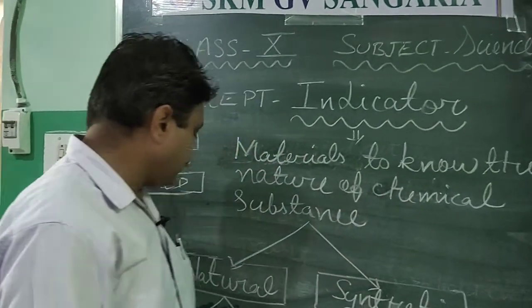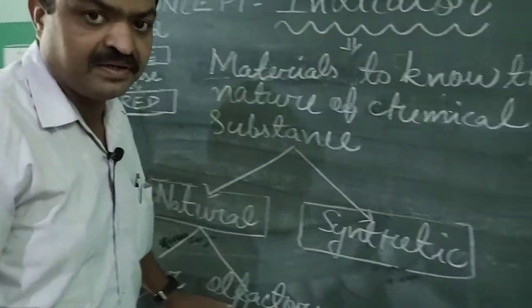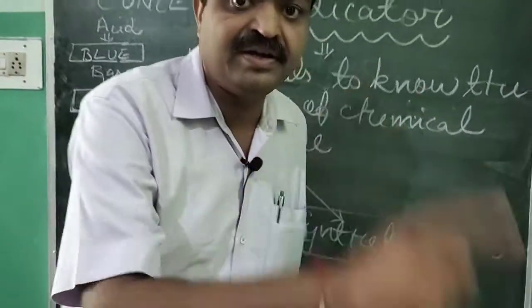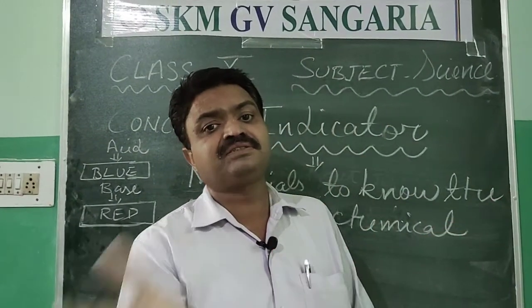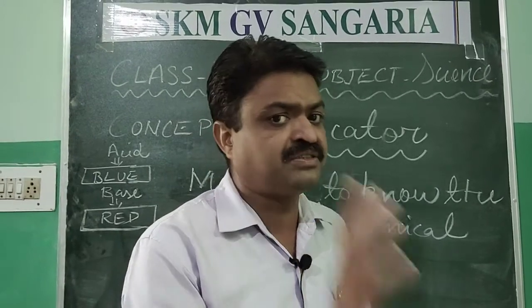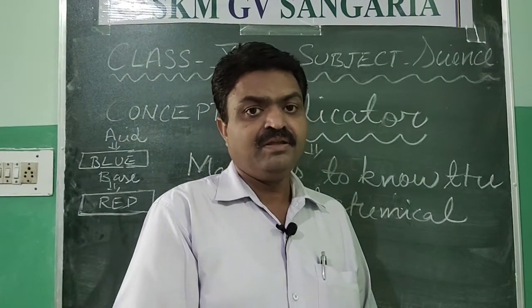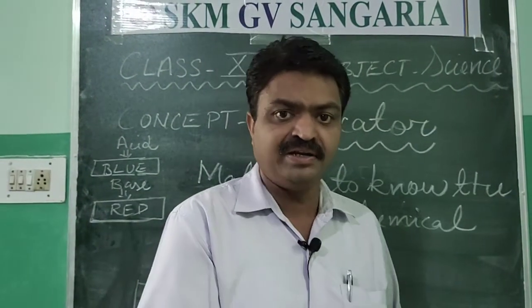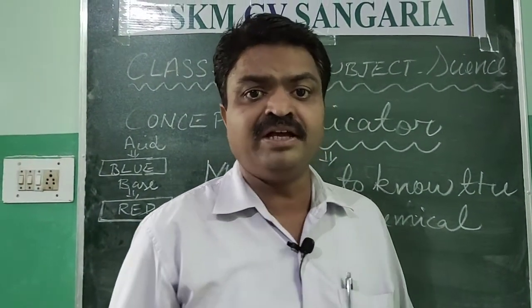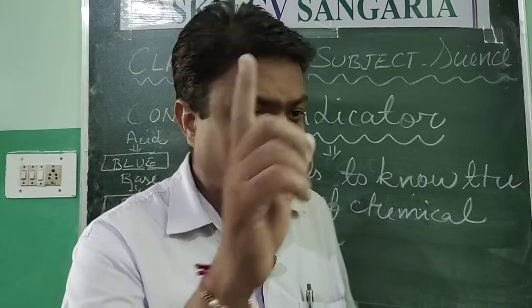Now, olfactory indicators. Olfactory indicators are the indicators that change their smell in the presence of acid or base. And there are mainly three olfactory indicators mentioned in your NCERT book. What are they?